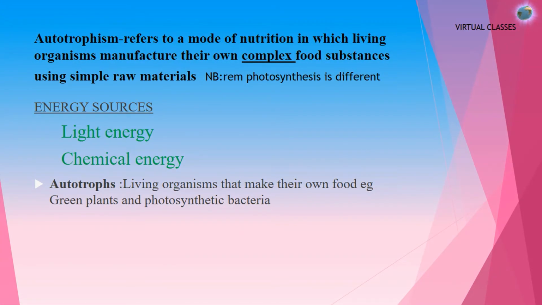So we can use light energy to manufacture the complex food substances, or we can use chemical energy through oxidation of chemicals. Now that is very, very important.